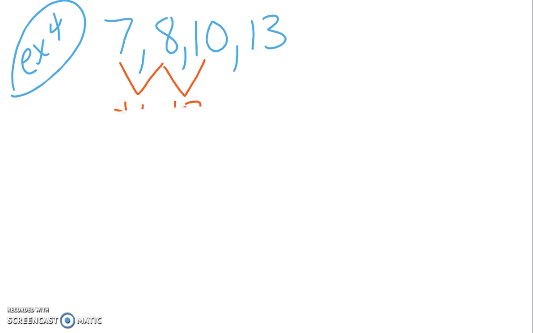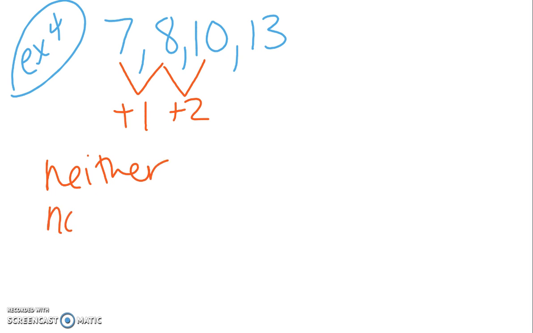So it's not arithmetic. So now I go back to see if I can multiply. I can't really multiply anything times 7 to give me 8. So if I can't add and I can't multiply, it's neither. So it is not a sequence. That's a sneaky one.